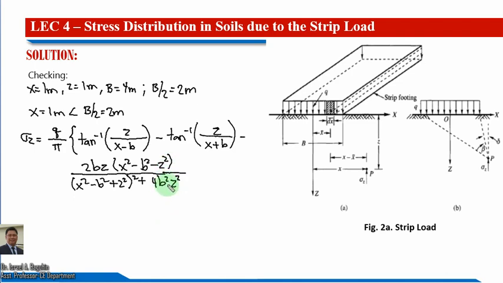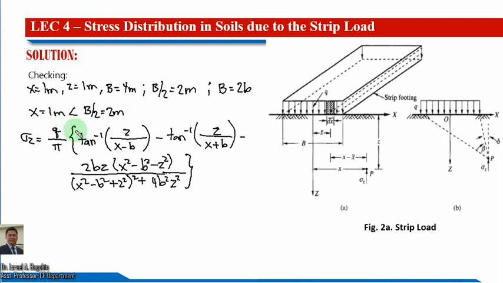Actually, we can use the value of our capital B, since our B is equal to 2 times the small b. So you can replace the small b here with capital B. But as of the moment, we are still using this equation. Accordingly, this is good if our x is equal to or greater than b over 2.